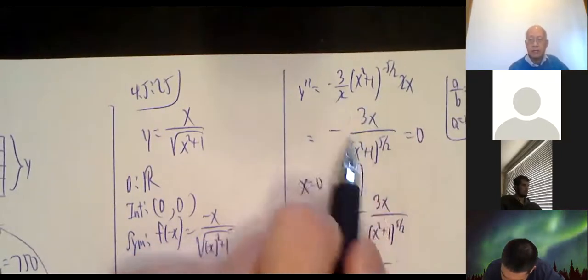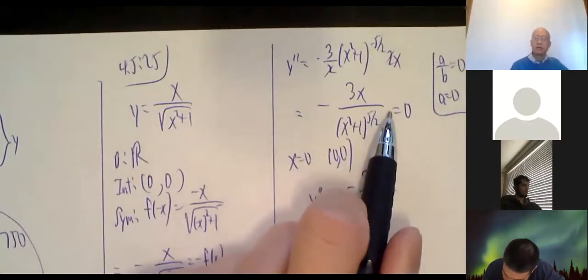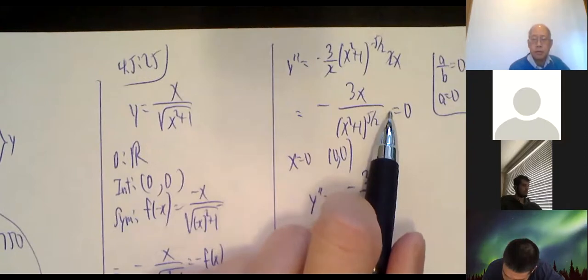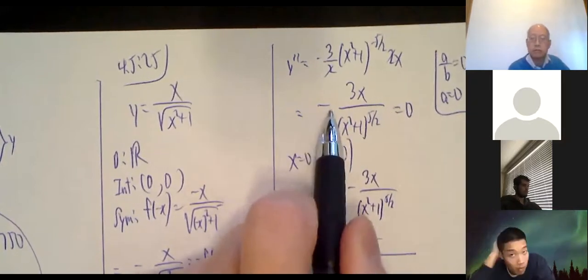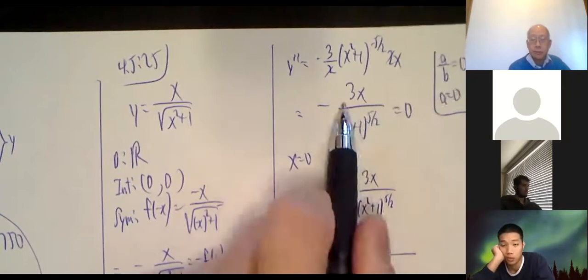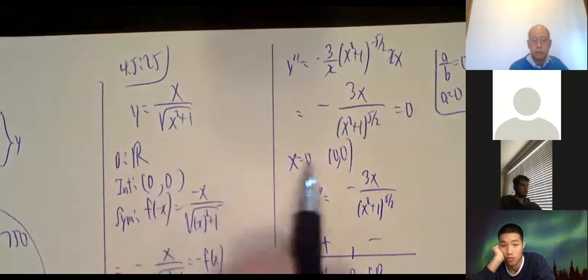Negative 3x over x squared plus 1 to the 5/2. Set it equal to 0. Okay, when is a fraction equal to 0? Top is 0. So x equals 0. 0, 0.